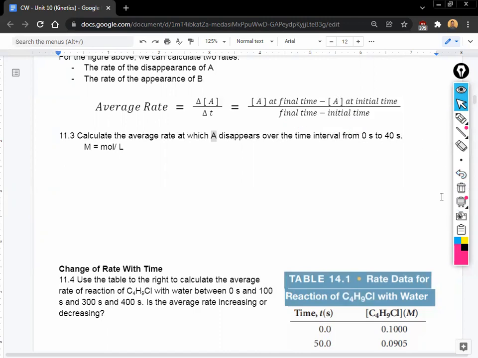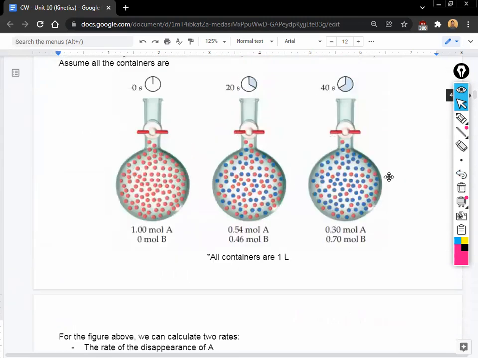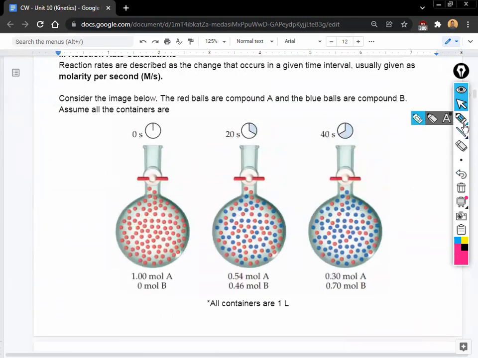So we're just going to go back up to the picture. We want to find the final concentration of A, which is at 40 seconds, so I'm going to denote it like this, and then the concentration of A at 0 seconds. Let's take a look at this. We know that concentration is molarity, moles divided by liters.